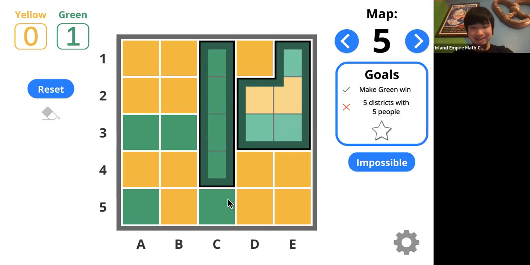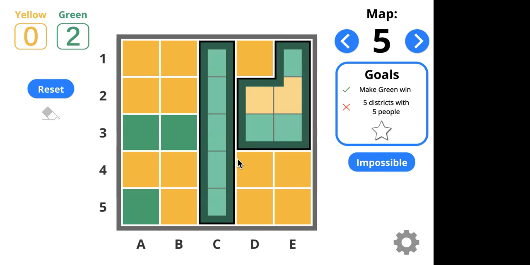Wait, the entire C column? And then 3, 4, 5, A.